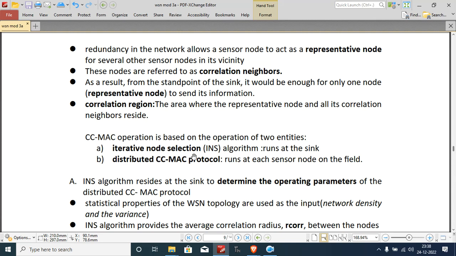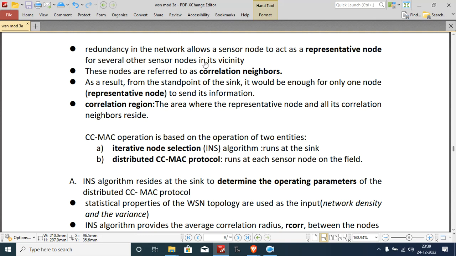The iterative node selection algorithm runs at the sink, whereas the distributed CCMAC protocol runs over the nodes. First the INS algorithm runs and calculates a value called R correlation, which is in turn sent to the nodes, and the nodes make use of the distributed CCMAC protocol involving R cross correlation, R correlation.